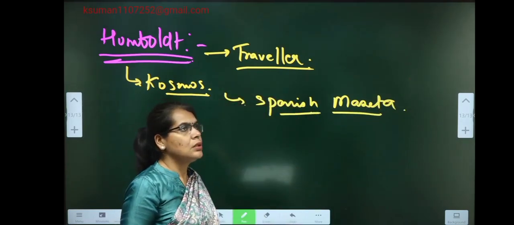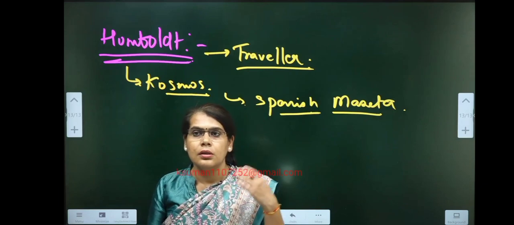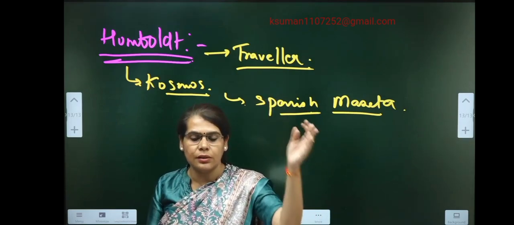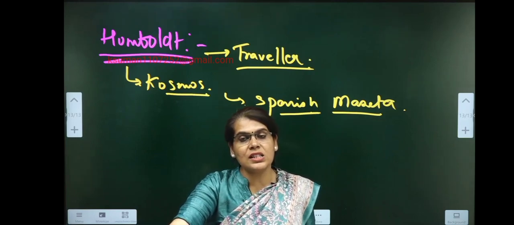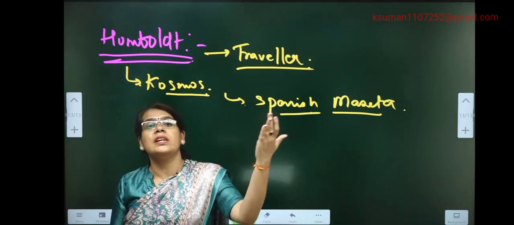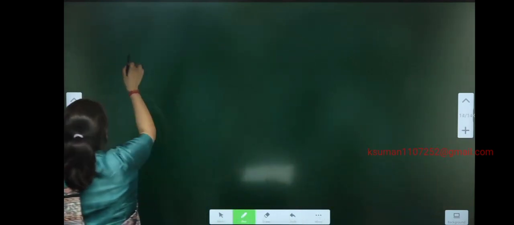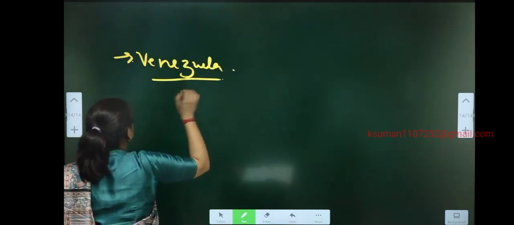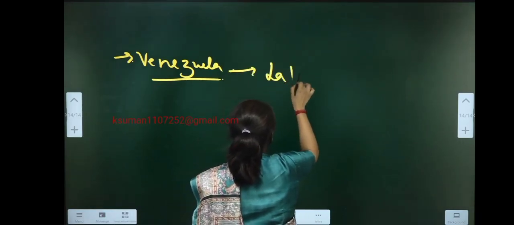Now, next very important point, write down. He also acknowledges the role of man in changing the landscape where he resides. So, for example, he was traveling towards Venezuela and other parts of South America, where he observed the areas around Lake Valencia.